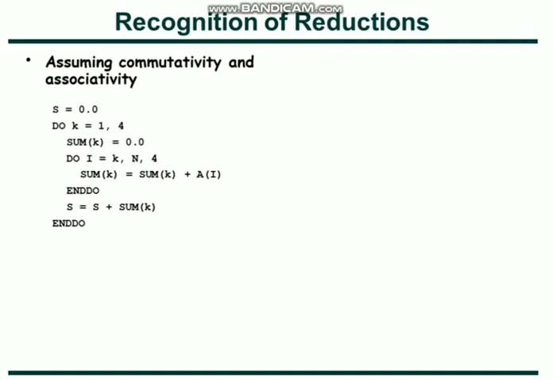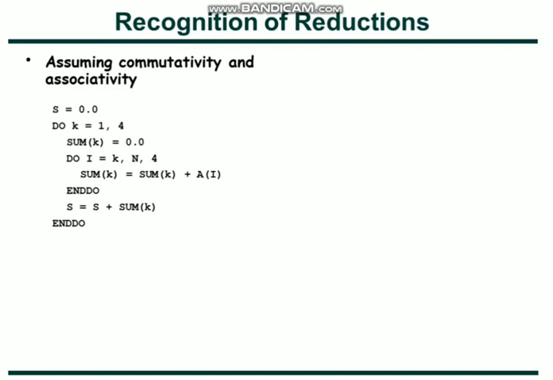Then we'll enter the inner loop, which has I is equal to k to n comma 4. So what does it mean? That inner loop starts with k and goes up to n in steps of 4. So in the first iteration of the outer loop, the value of k is equal to 1. So the inner loop will start from 1 and go up to n in steps of 4.